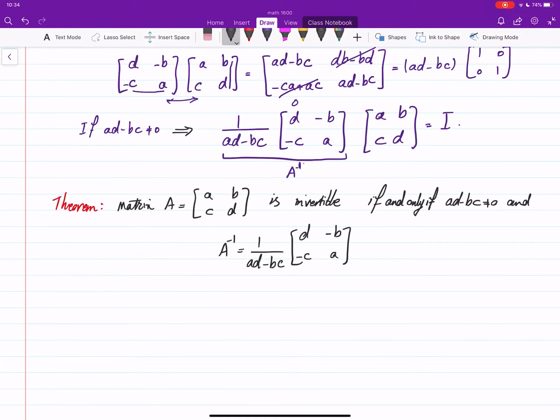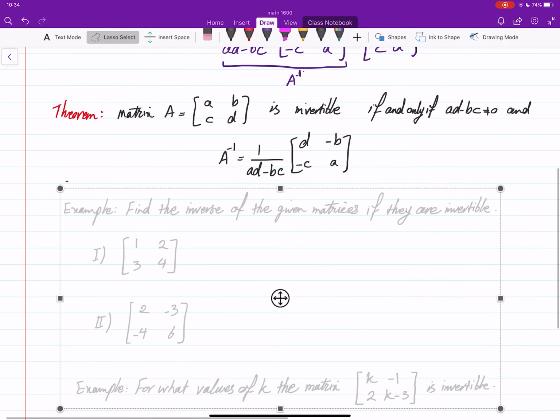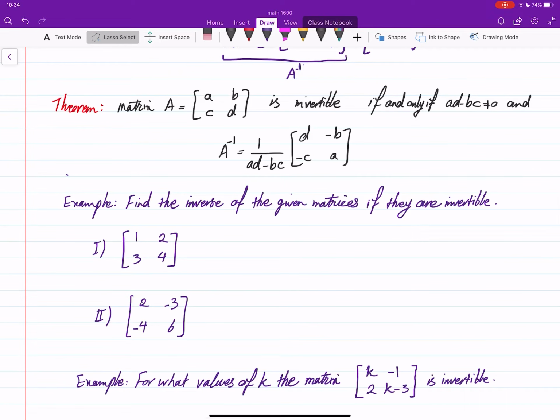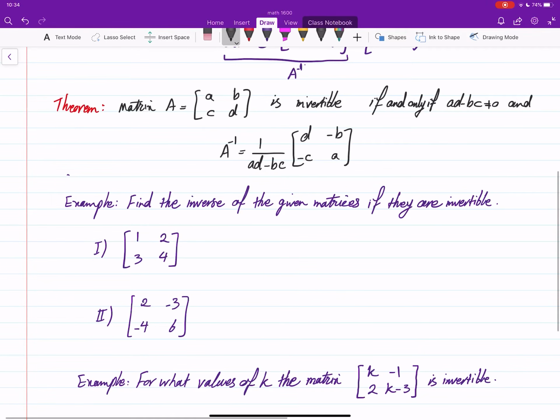Okay, let's do just one example here. For this one, we first start with the AD minus BC computation. This is -2, non-zero, so that means that it is invertible.